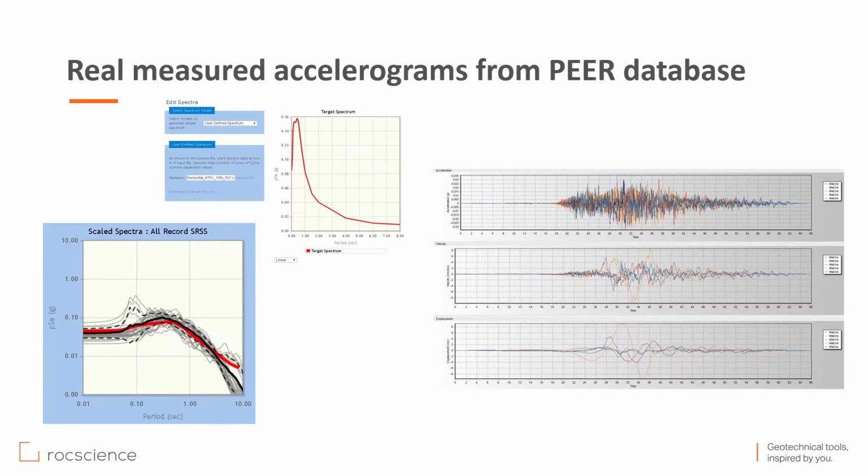And in this case, it makes a search for the target spectrum, and typically we download 30 real accelerometers, and at the final detailed work we are using mainly just 5 time histories for this work. We are typically using SeismoMatch, so we have to make scaling work and then a matching work.